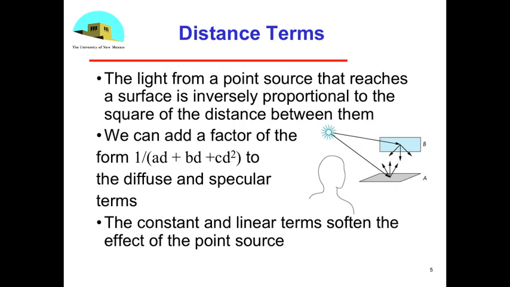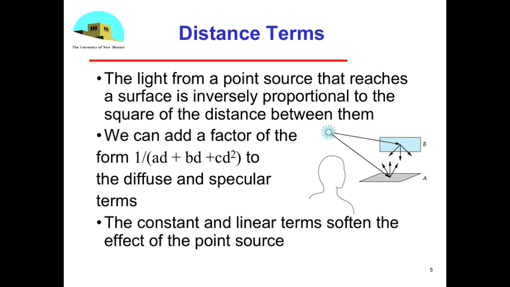Okay, now the distance term. We want it in there because, for point sources, we want to avoid harsh lighting and have some sort of smooth transition from surfaces that would be in shadow to surfaces that would be lit. One way to do that is to include this distance term.